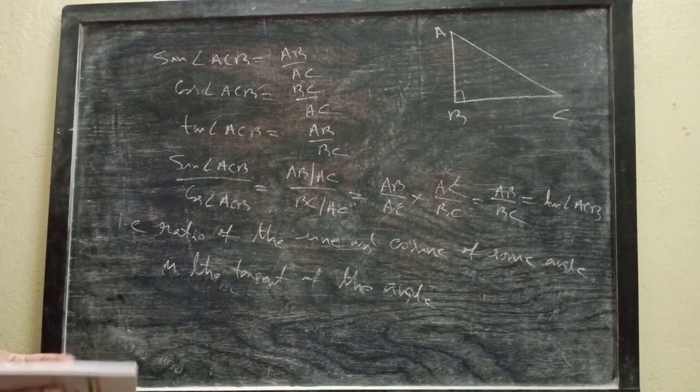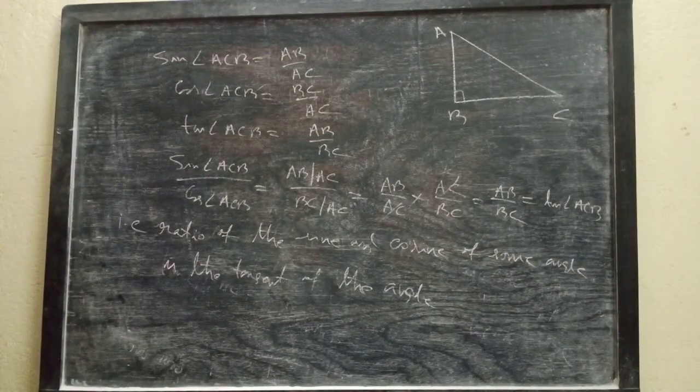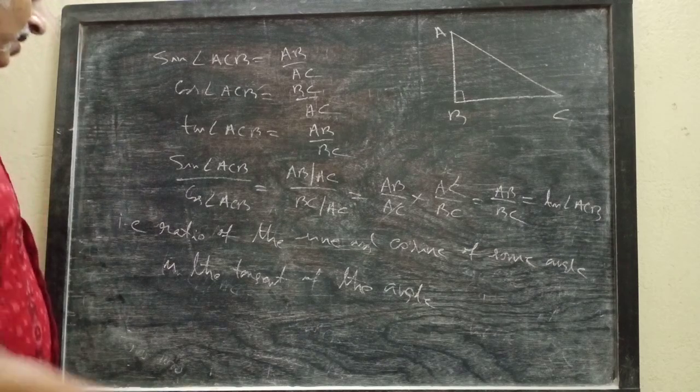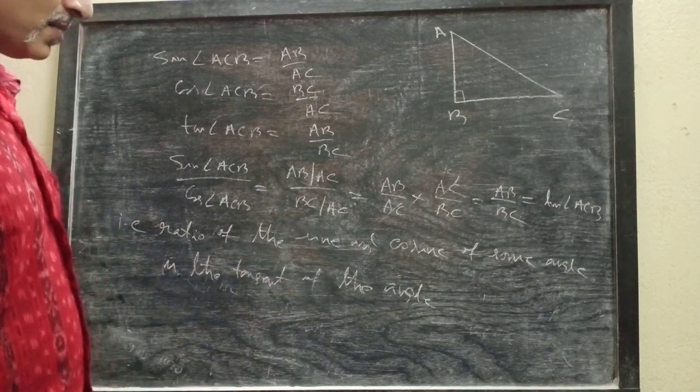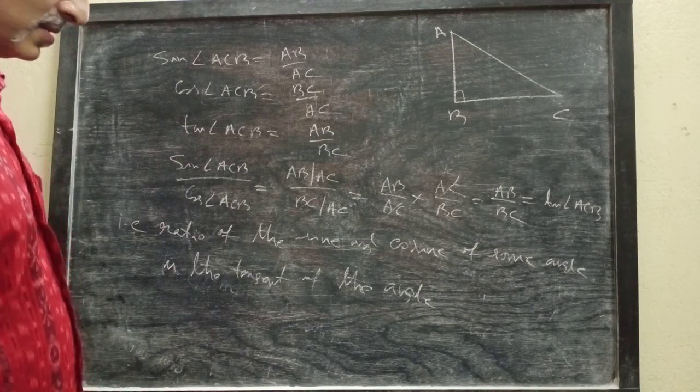Now, as cotangent is the reciprocal of tangent, in the case of the ratio of cosine and sine of some angle, that will be the cotangent of the angle. Okay.